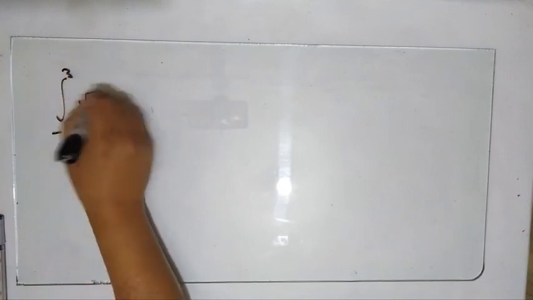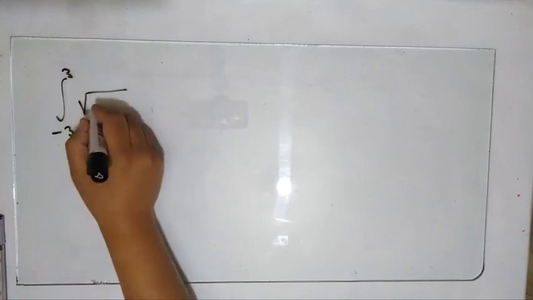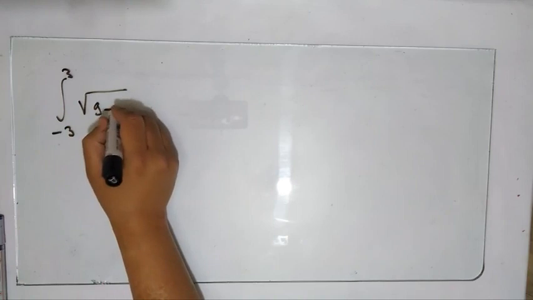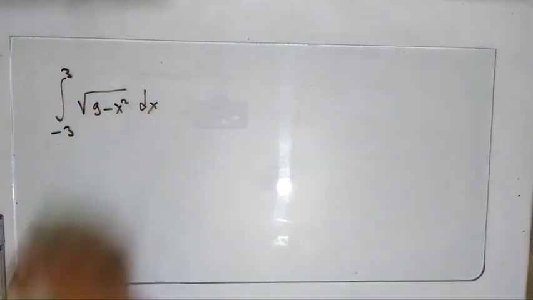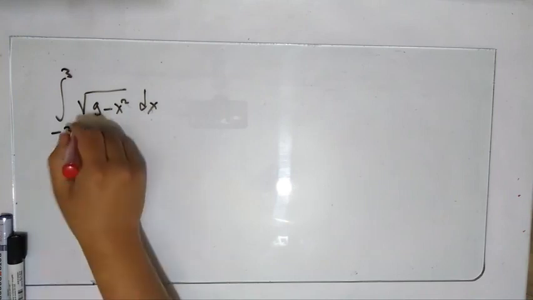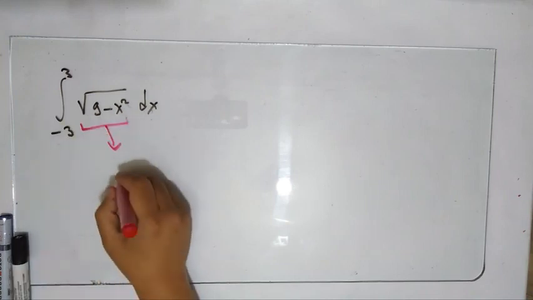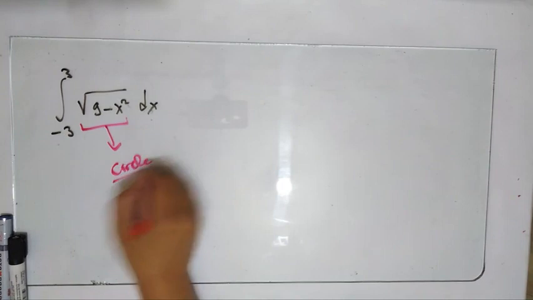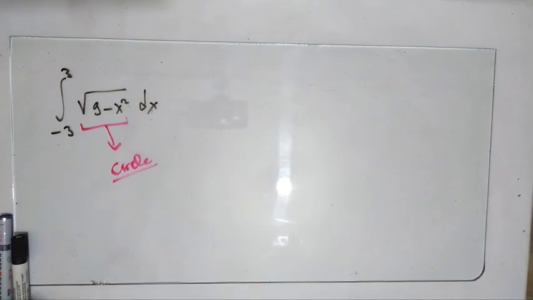Actually, we saw some integrals before that involve a square root of a quadratic expression. For example, we know how to solve the integral from -3 to 3 of the square root of 9 minus x squared dx. Here we know that this function represents a semicircle.